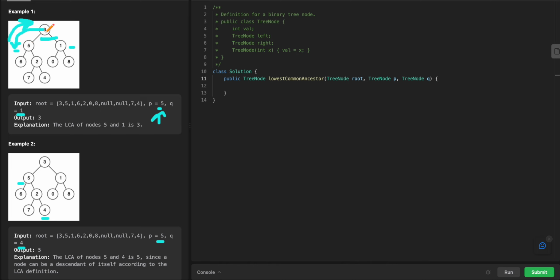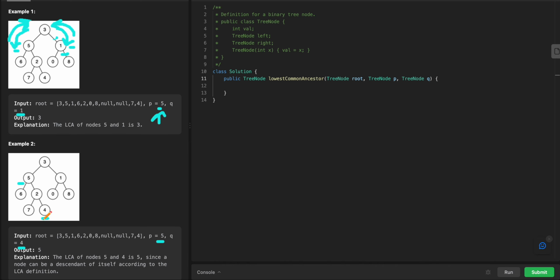And then we move to the right and search in the right subtree and see if this node is one of P or Q. If it is, we return it back to its parent node, right? So if the parent function receives non-null, then that means we have found the node and it should be the LCA of those two nodes. So yeah, that's the case.